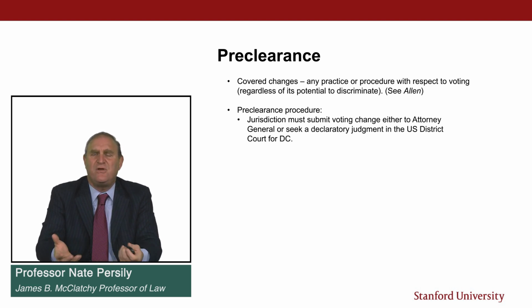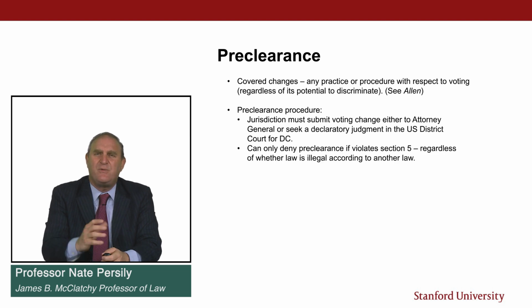Every polling place move had to be pre-cleared with the Department of Justice, every minor change in the laws, and usually that would be rubber stamped. But sometimes, if there was concern that there was racial discrimination afoot, then they would be denied pre-clearance. The redistricting area was where we saw a lot of action when it came to pre-clearance.